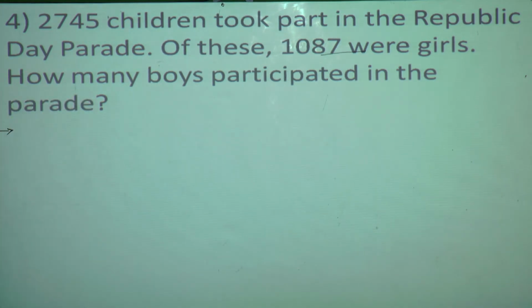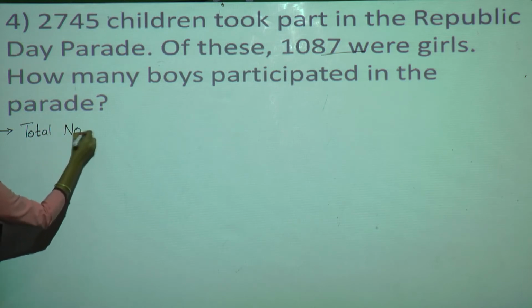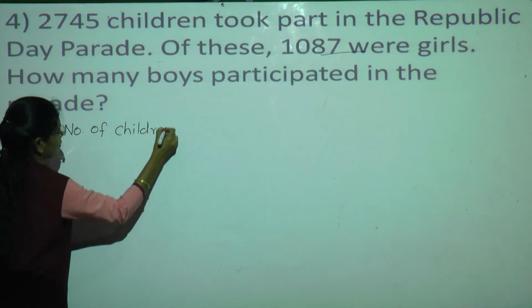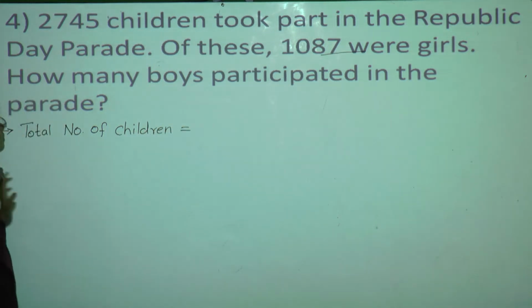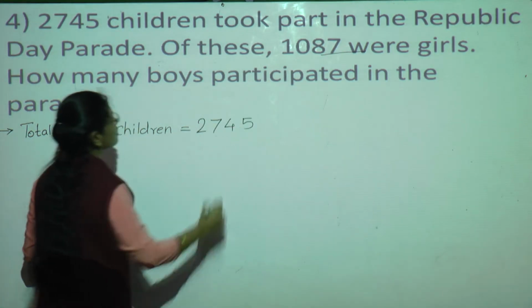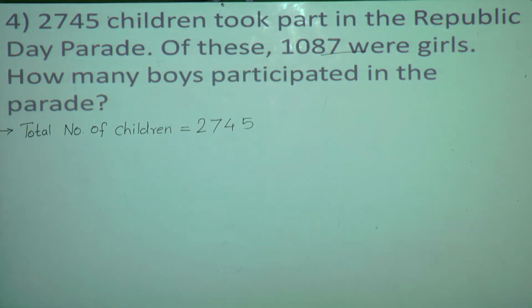Okay. So do the subtraction. First of all, how will we write? What is the given? Total number of children. How many were there? There were 2745 children who took part in the parade.